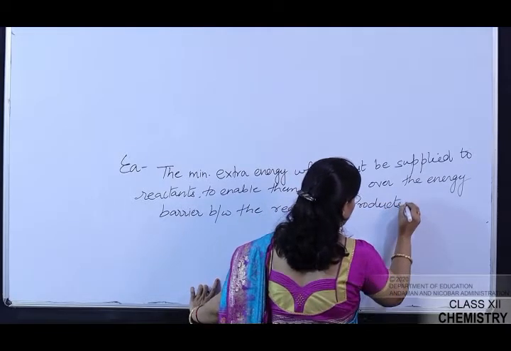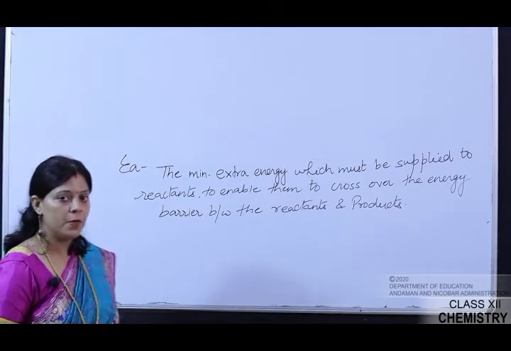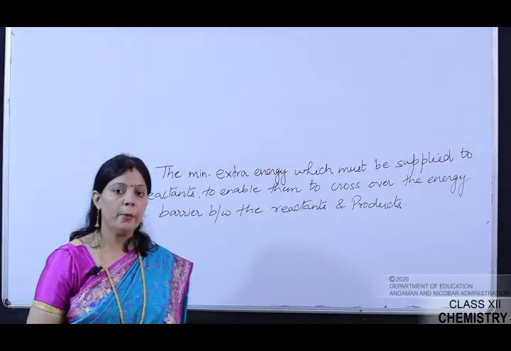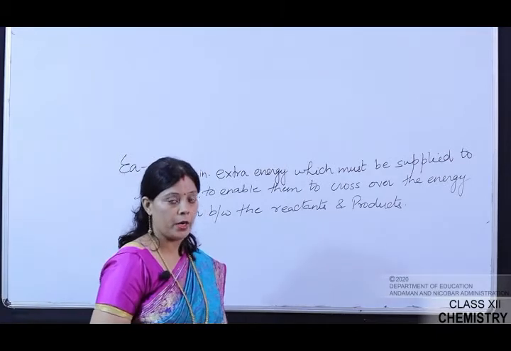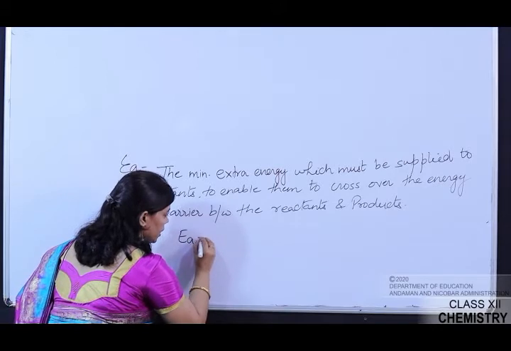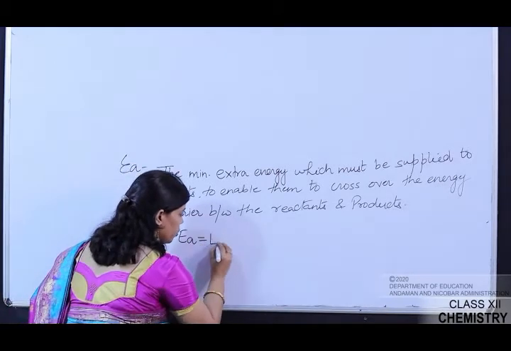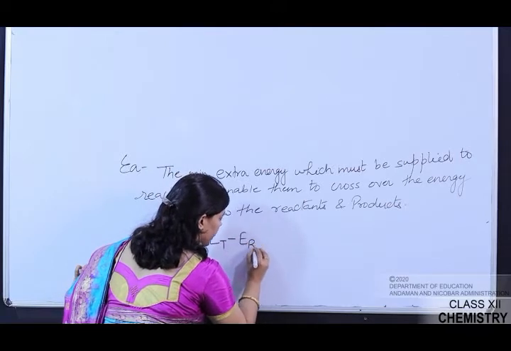So the activation energy is simply defined as the minimum extra energy which must be supplied to reactants to enable them to cross over the energy barrier between the reactants and product. And the activation energy can be simply calculated as: the activation energy is equal to the threshold energy ET minus the energy of the reactant.